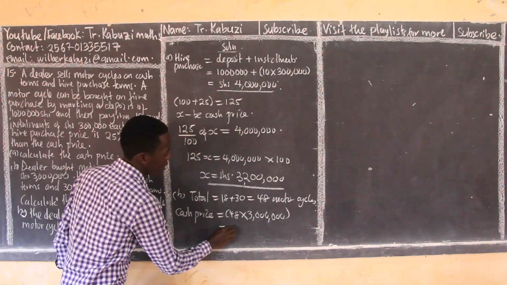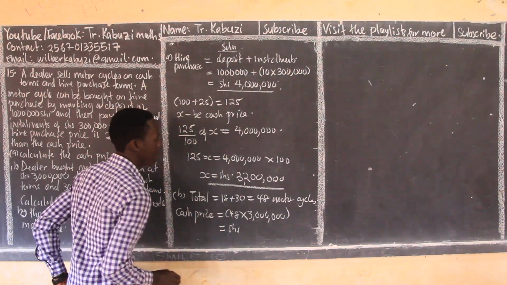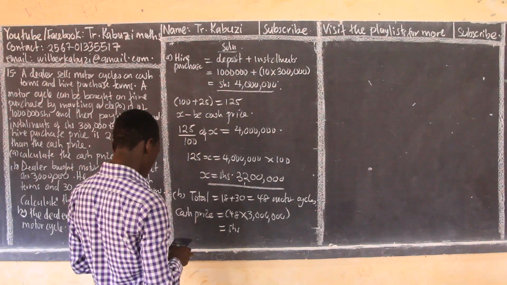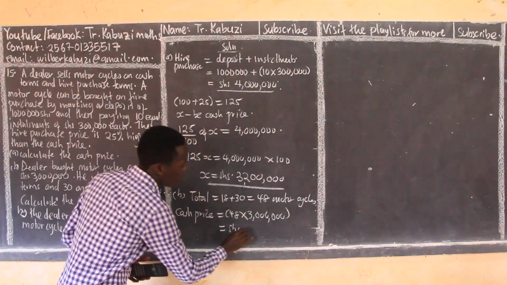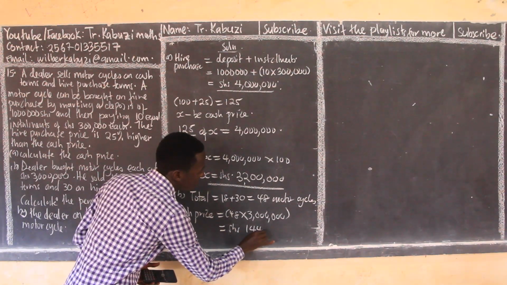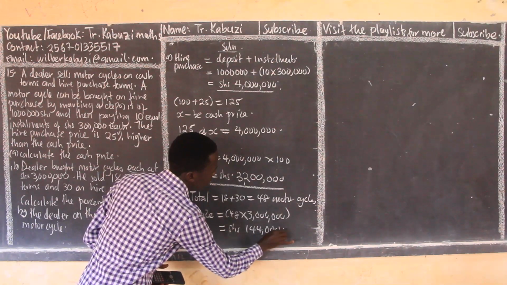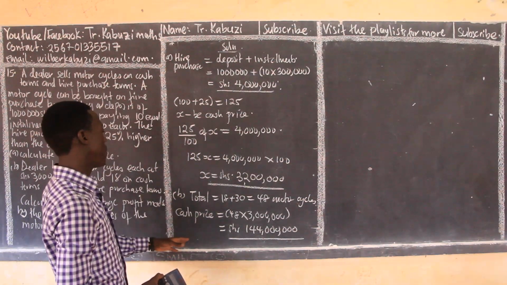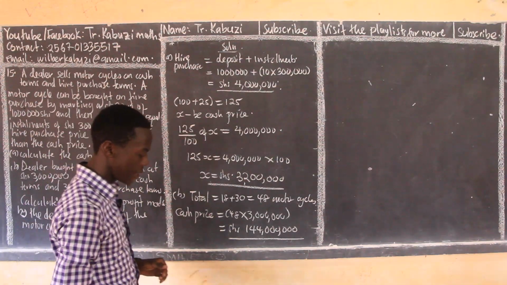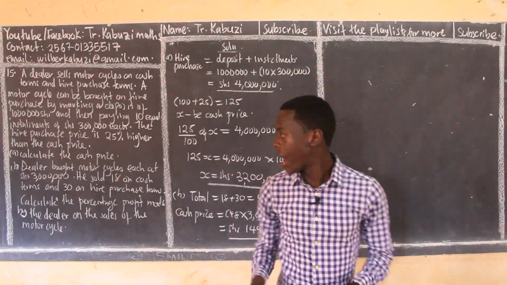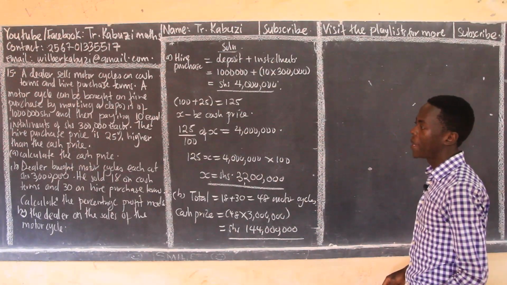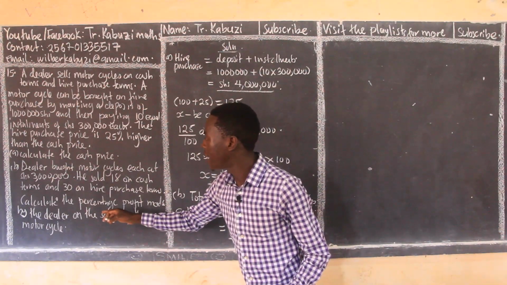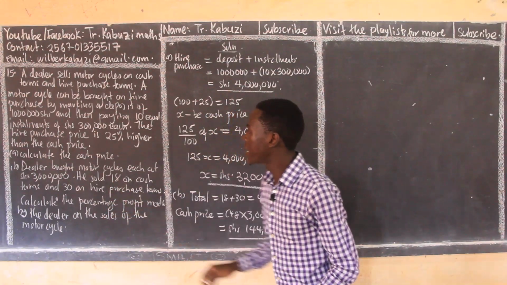And so here, it means this dealer spent shillings 144 million. Now, if this is the price that he used to buy them, we need to know how much he made from hire purchase and how much he made from the cash sales. So he sold 18 on cash terms.